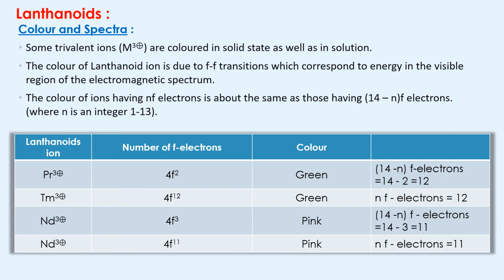So here 4f2 means 2 electrons, so 14 minus 2 is 12. Then Tm3+ has 4f12 electrons, so it is green in color only because it has 12 electrons. Next, Nd3+ has 4f3, so 14 minus 3 is 11, and pink is the color.